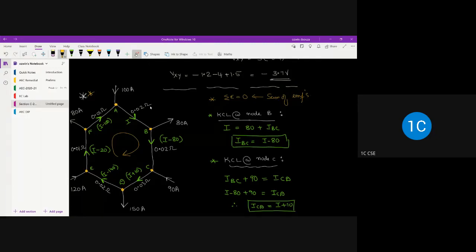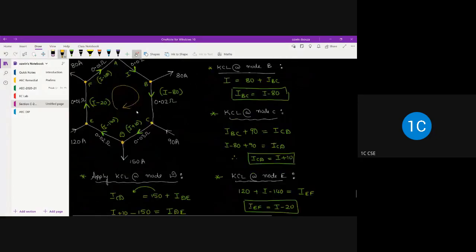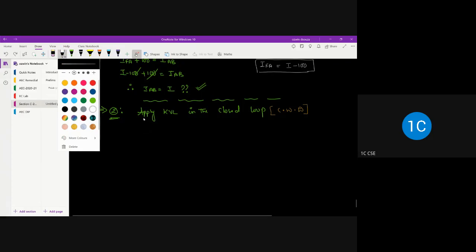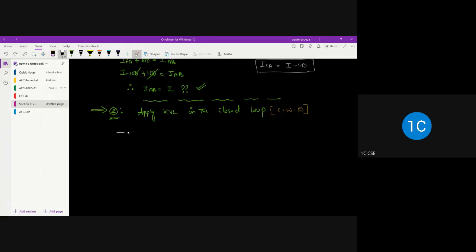So let us start. It is minus I into 0.02.